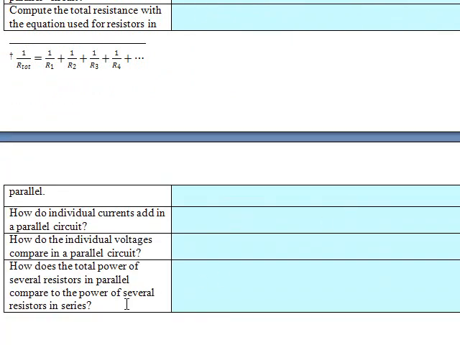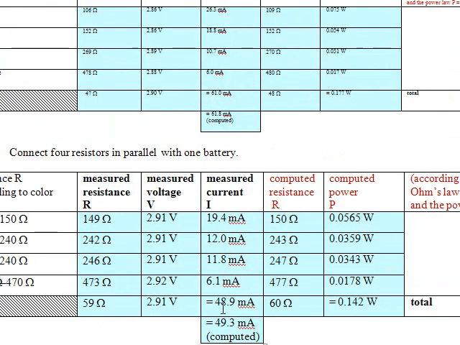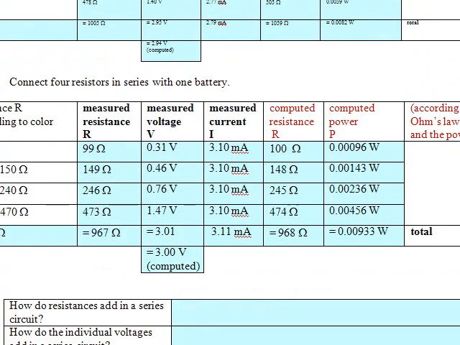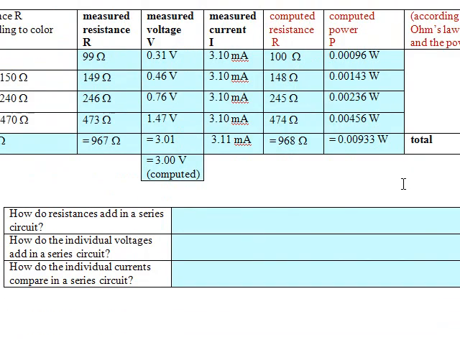And how does the total power of several resistors in parallel compare to a total power of several resistors in series? Well, here we have a total power of 0.142 watts, and here we had a total power for series of 0.00933 watts, so quite a bit less in series than what it is in parallel, or quite a bit more in parallel than what it is in series.